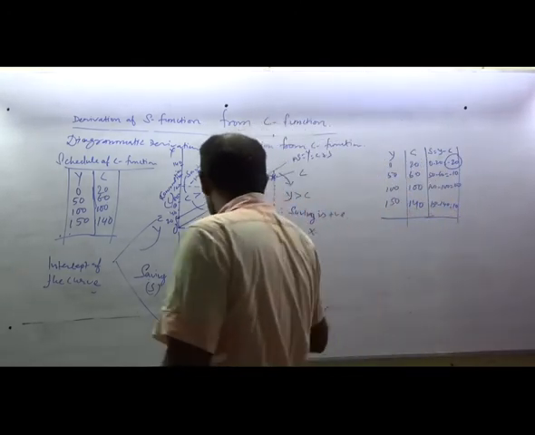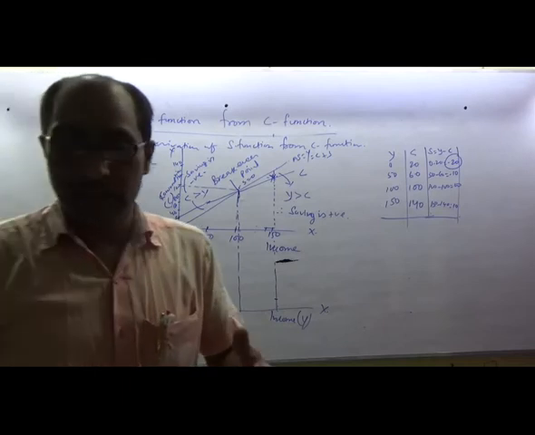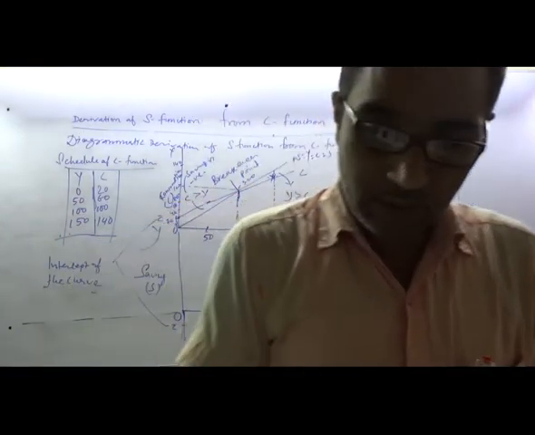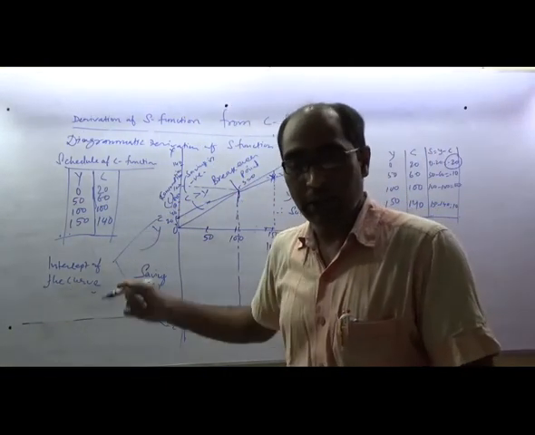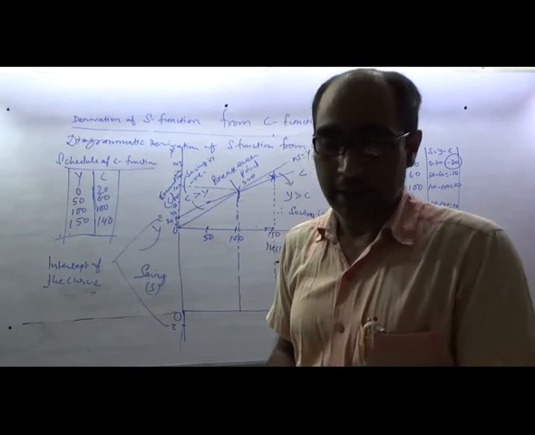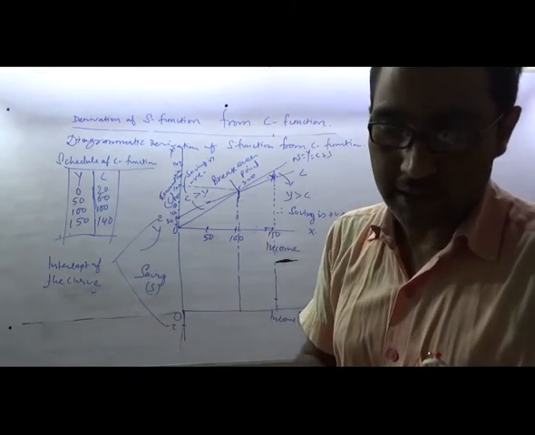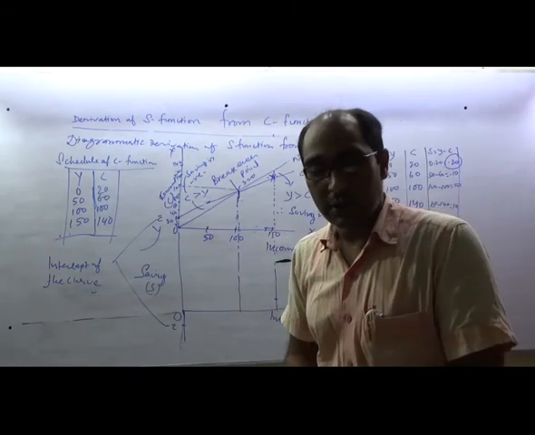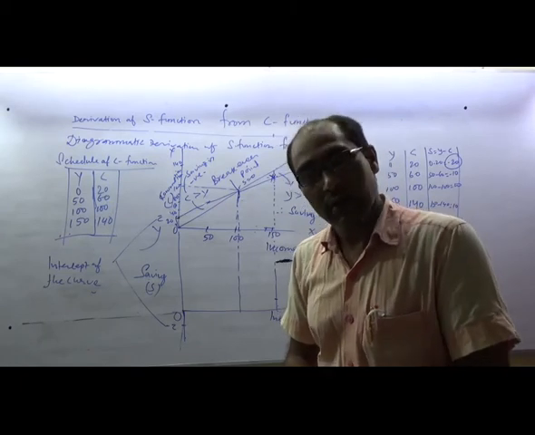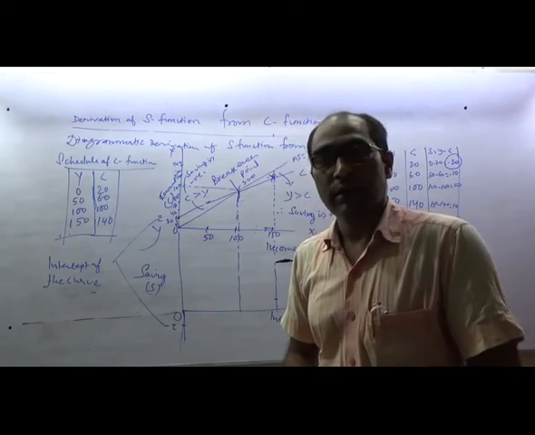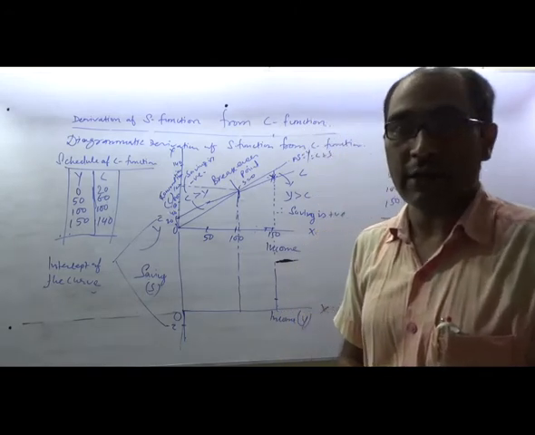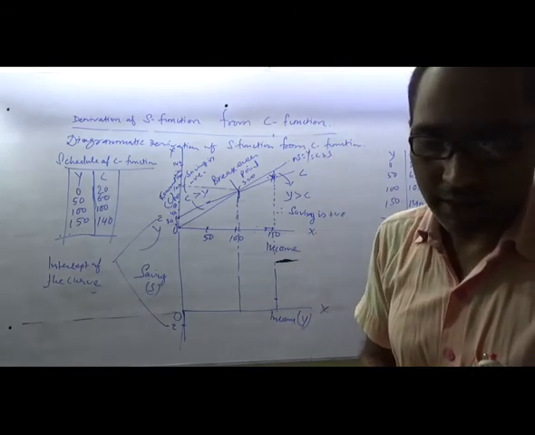So by having all these 3 points, what do we get? The S function starts from -20 because the C function starts from +20. It indicates that when y equals 0, C equals 20 and S equals -20, because consumption expenditure is made by the economy from de-saving.